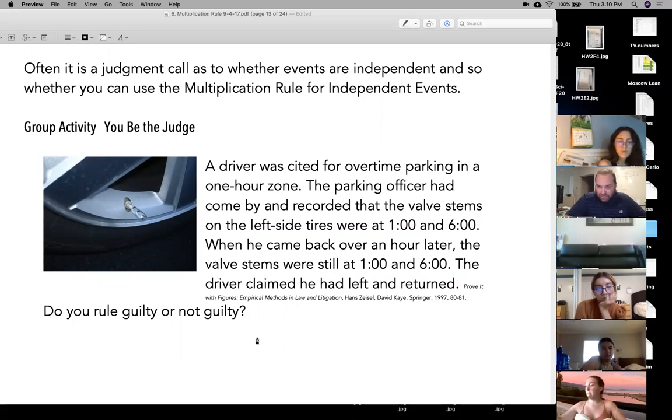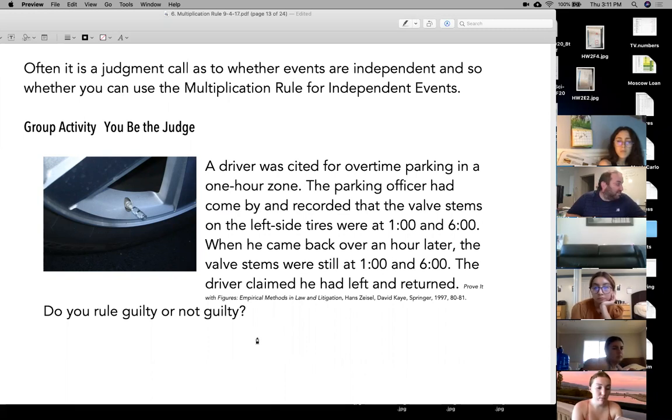Guilty or not guilty? So the question you have to ask yourself is, how likely is it that the first time he was there, the valves ended here and here, and the second time they ended in exactly the same spot? If you believe that is a likely possibility, then maybe he's telling you the truth.